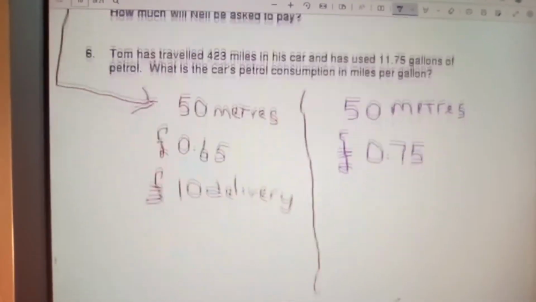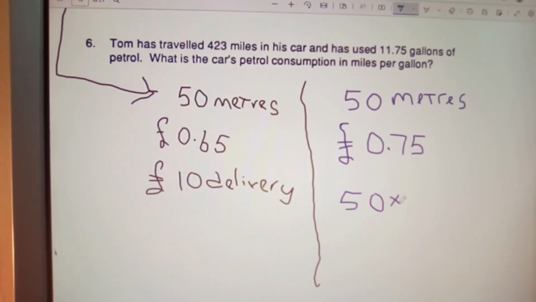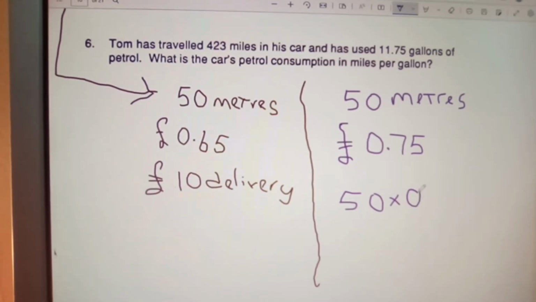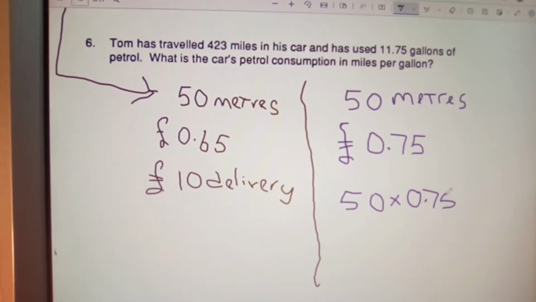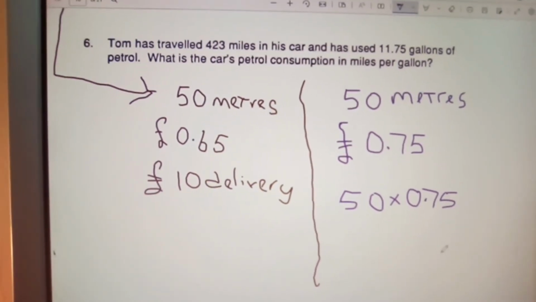So we need to multiply 50 times 0.75. But to make it easy for us, we could simply move the decimal point two places to the right, which would then make it 75. 1, 2, which would then make it 75, okay?